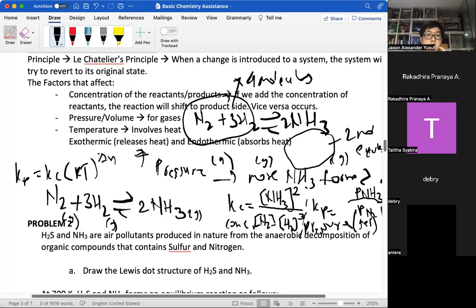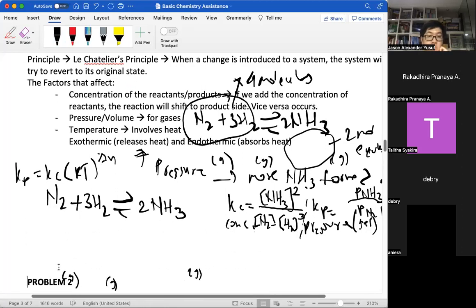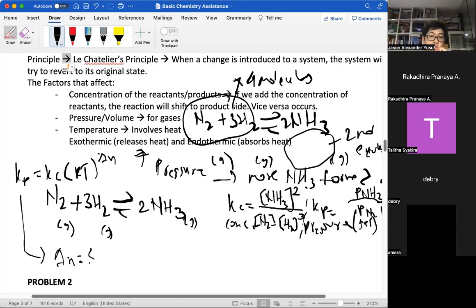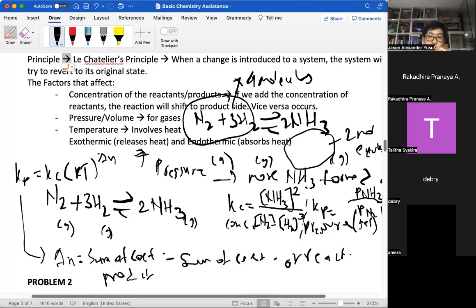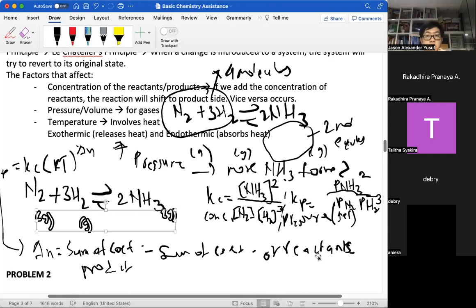So delta n is the sum of coefficients of products minus the sum of coefficients of reactants. Okay. Right.